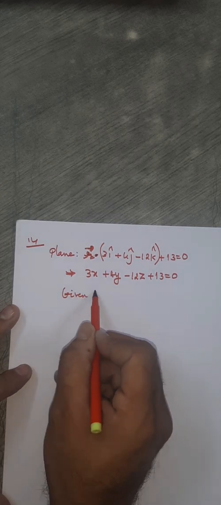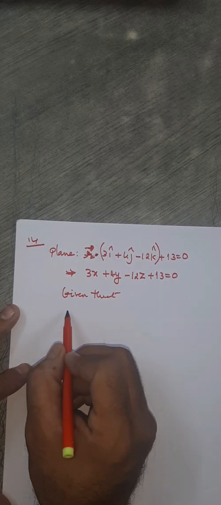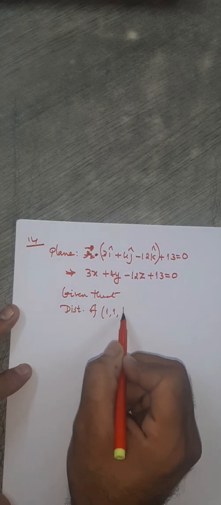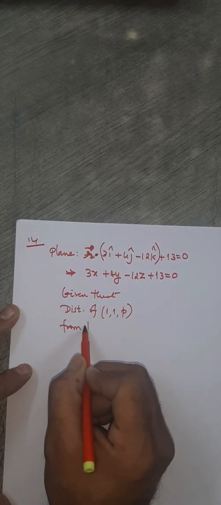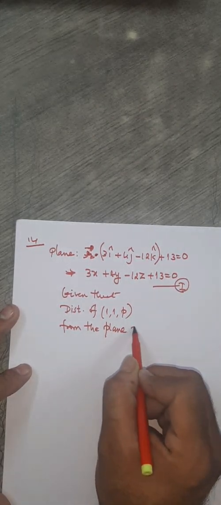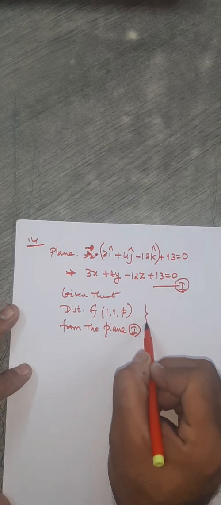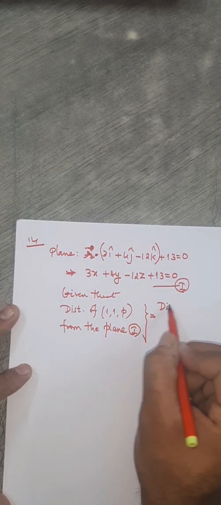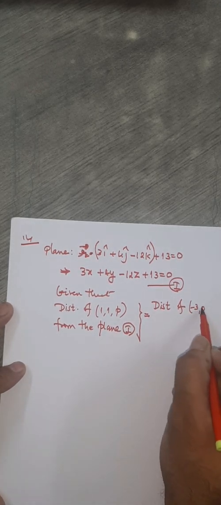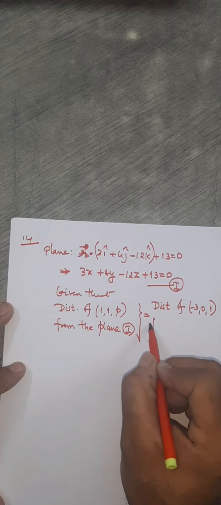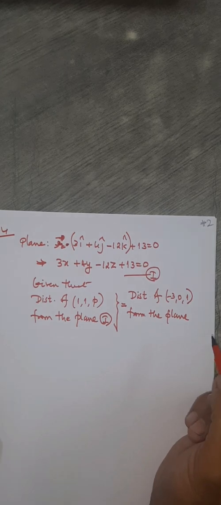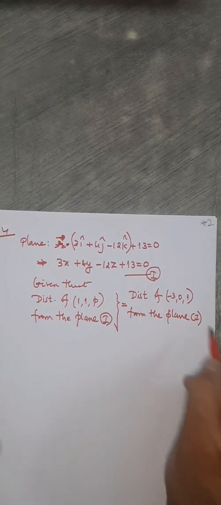Given that the distance of the point P from the plane, let's call the point 1 here, is equal to the distance of the point minus 3, 0, 1 from the same plane, remember.